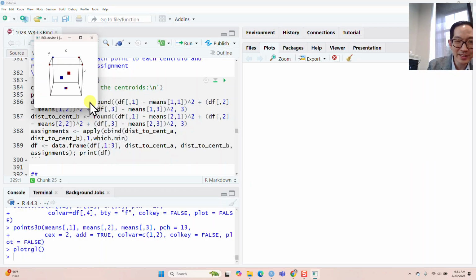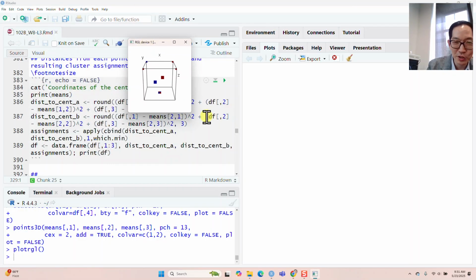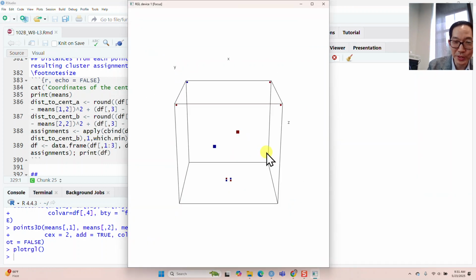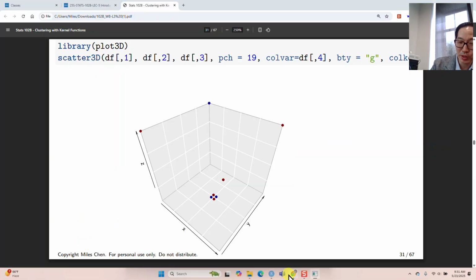All right. So this is supposed to represent our points. When we initially assigned points at random to a cluster, I had 2 red points here, 2 blue points, and 3 points up here and a blue point there.